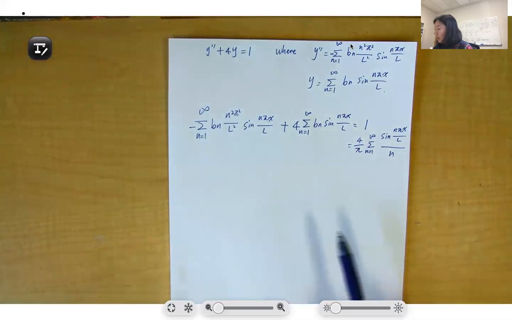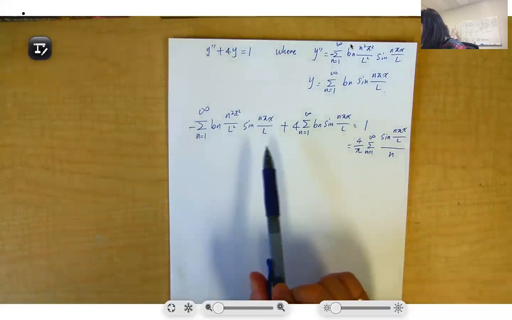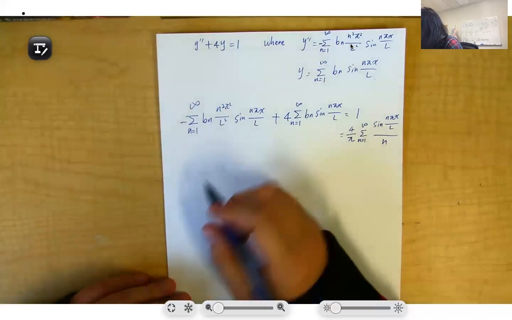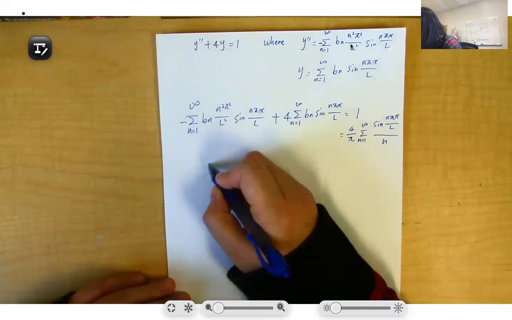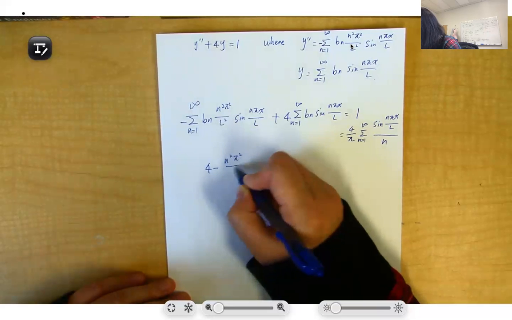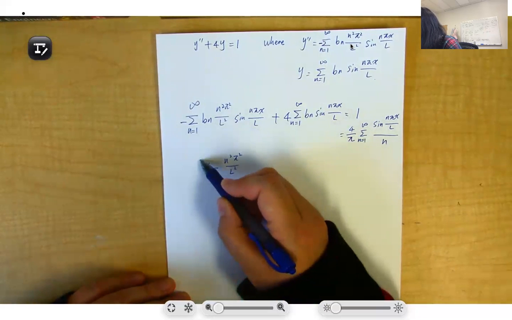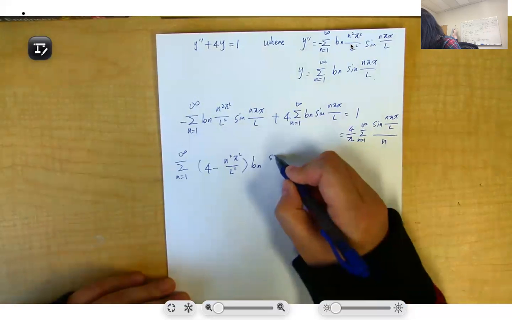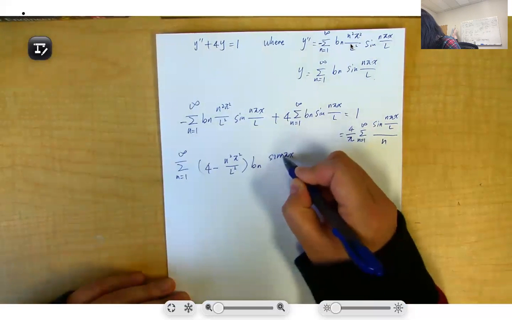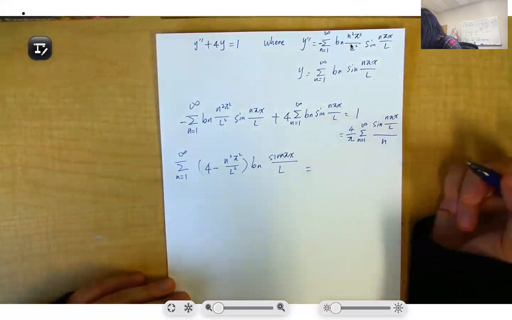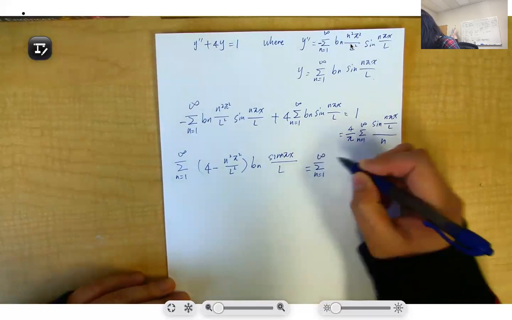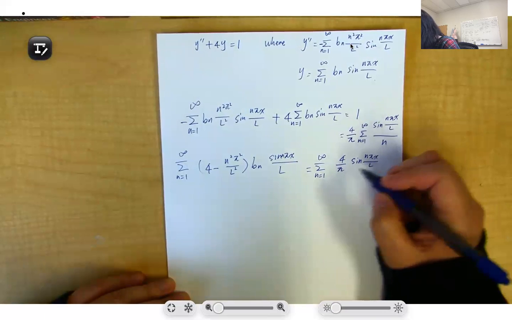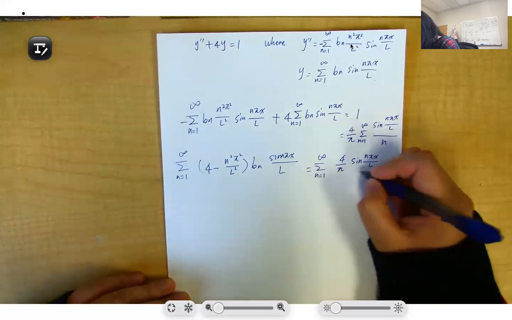Then we put all the coefficients together for sine n pi x over L, so we get (4 minus n squared pi squared over L squared) times b_n, summed, equals the sum of 4 over pi times sine n pi x over L divided by n.